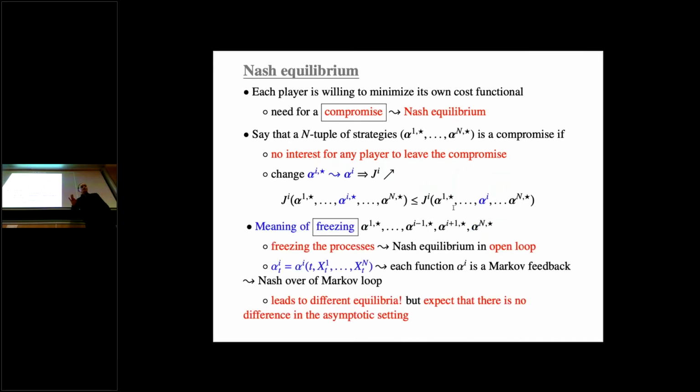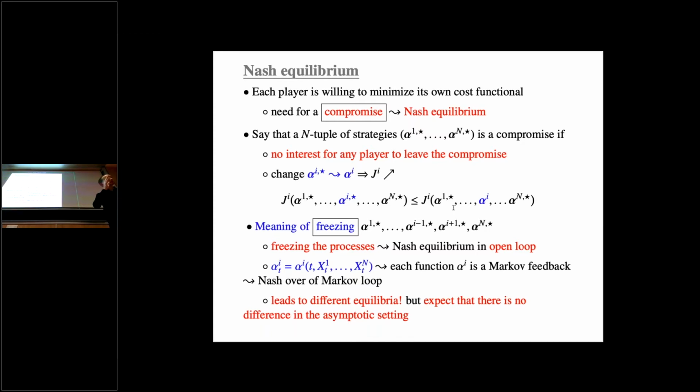In fact, there is a very, very strong subtlety here, a very big subtlety. It looks like a very easy definition, but there is a strong subtlety because it's not clear what it means to freeze the others. When I say that, that's fine, I'm deviating, but the others keep playing the same strategy, you should ask, what does it mean?